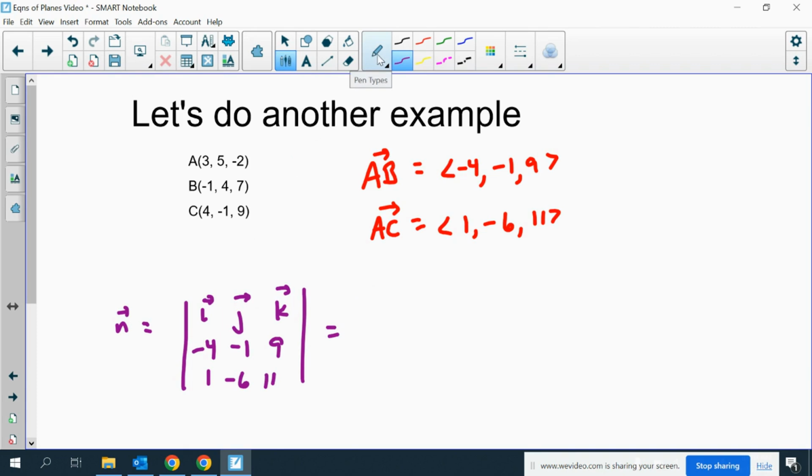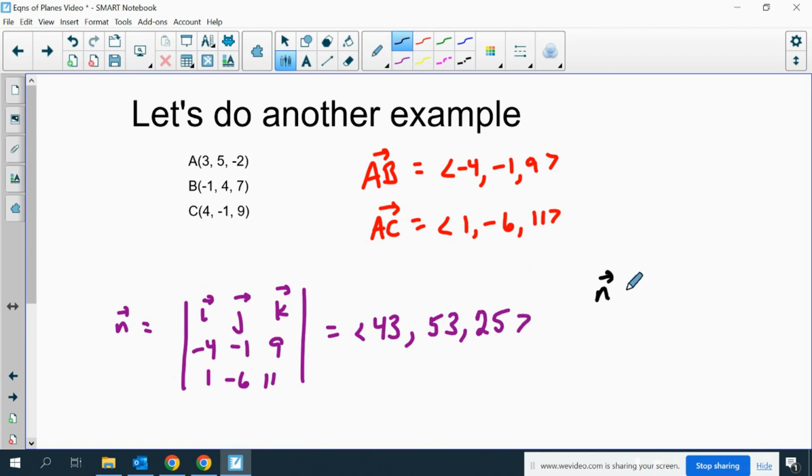For i, that would be -11 minus -54, so that's 43. j would be -44 minus 9, which is -53, but remember we have to change the sign for j. And then for k, it's 24 minus -1, so I end up with 25.